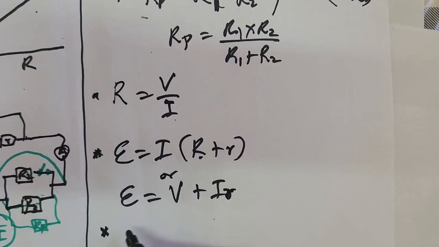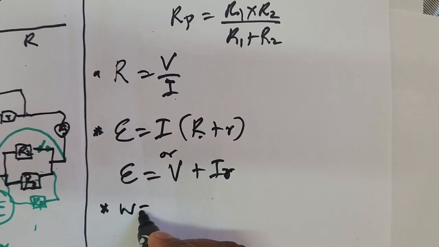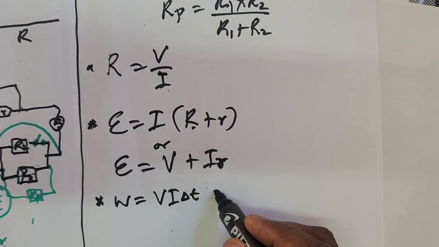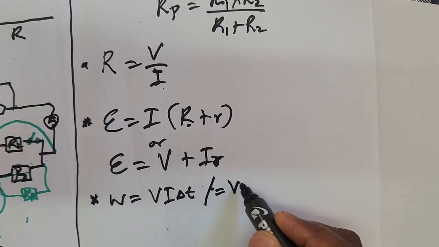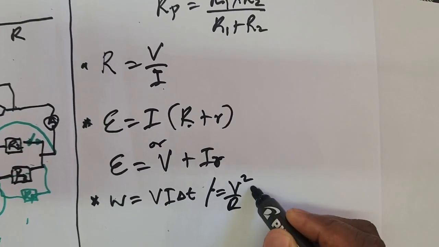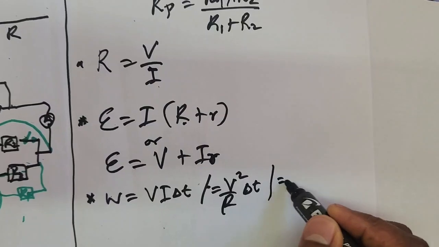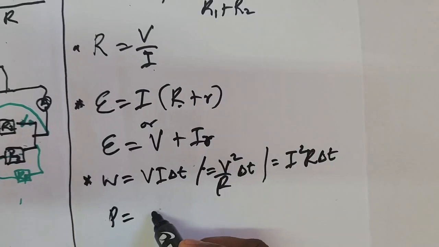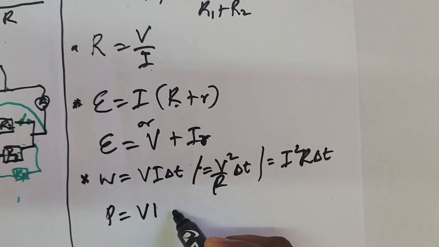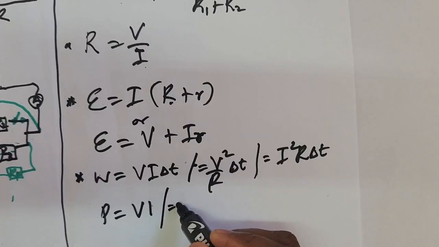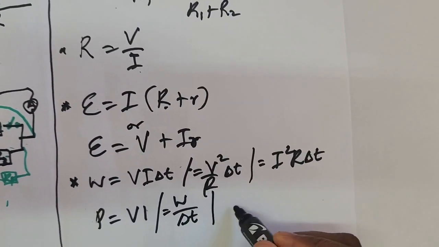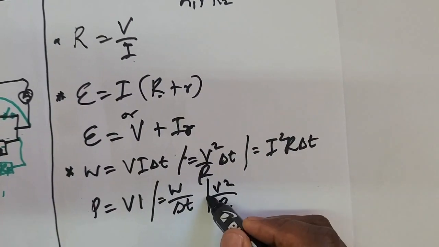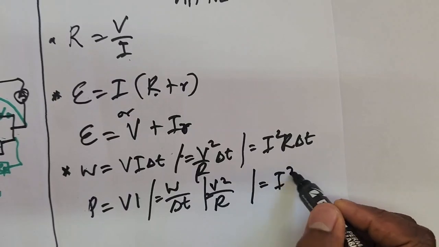Otherwise, we can use the power dissipation in the circuit, and the energy dissipation will be VI delta T, or V squared over R delta T, or I squared R delta T. And then the power dissipation will be VI, also W over delta T, and also V squared over R, or I squared R.